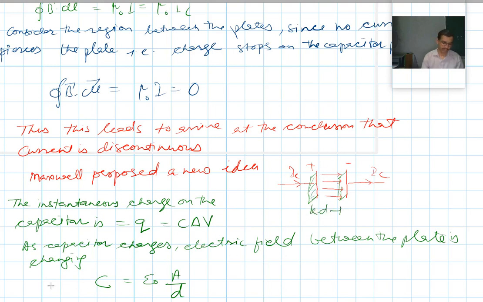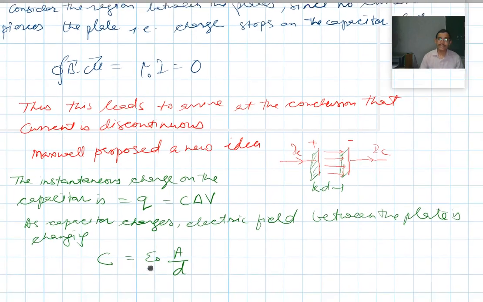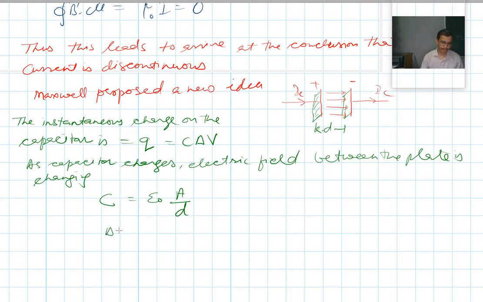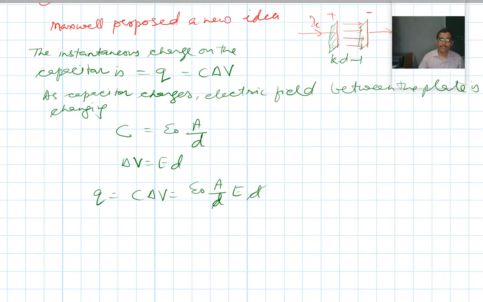Now delta V is equal to ED, and therefore Q is equal to C delta V, where C is epsilon naught A upon D and delta V is ED, and the D will cancel out. So the charge stored on it can be written as epsilon naught A dot E, or E dot A.